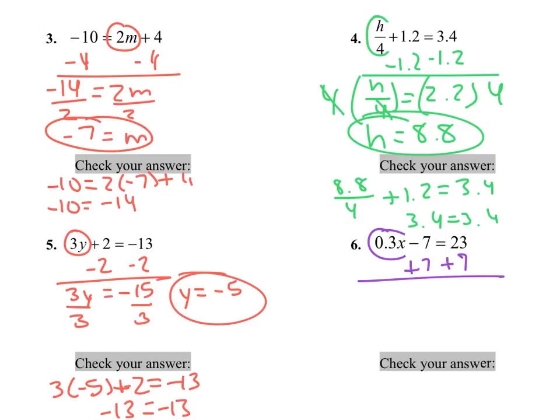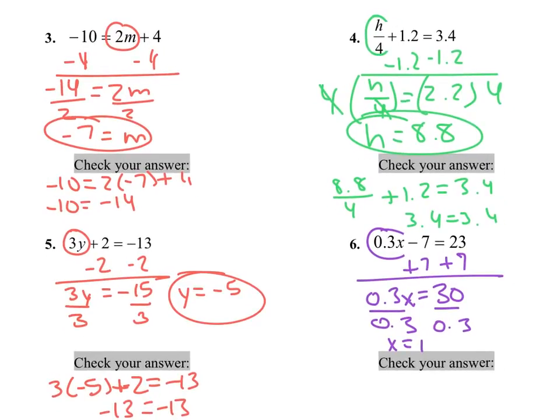So I get 0.3x equals, what's 23 plus 7? 23 plus 7 is 30. Let's go ahead and now divide both sides by 0.3. And when I go 30 divided by 0.3, I get x equals 100. Circle it. 100.